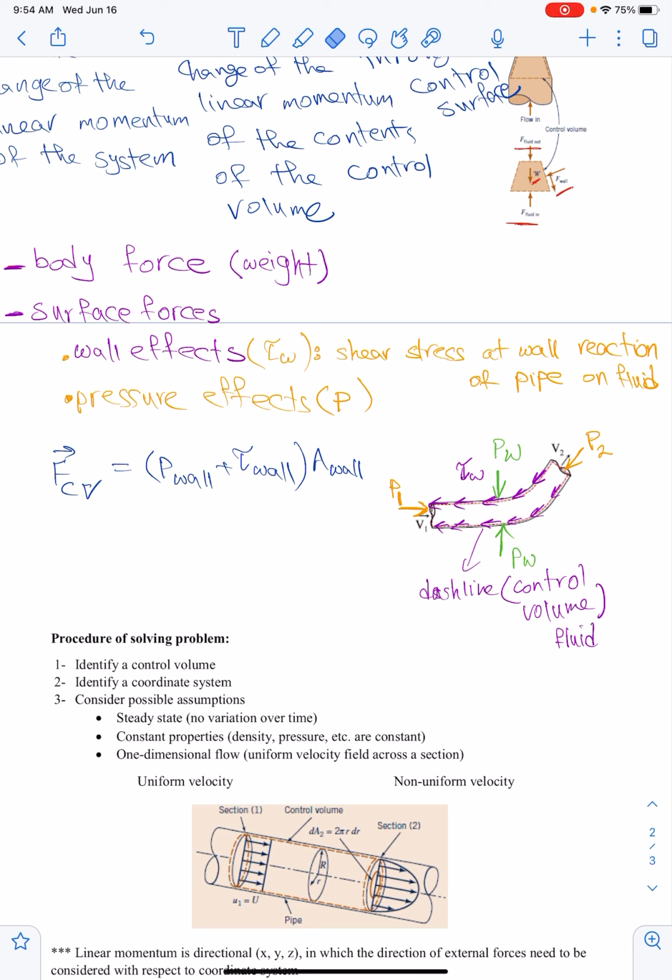Because we have x and y directions in this figure, this is the combination of the pressure and shear stress forces, not all of the forces.